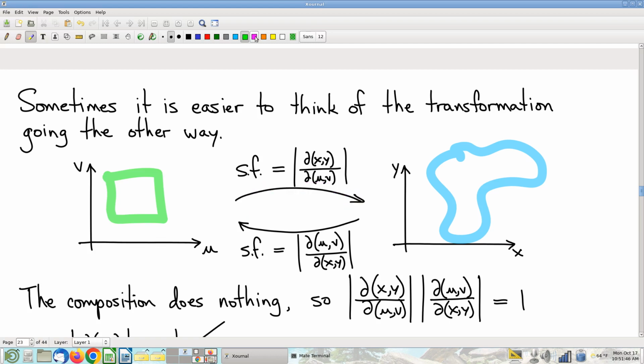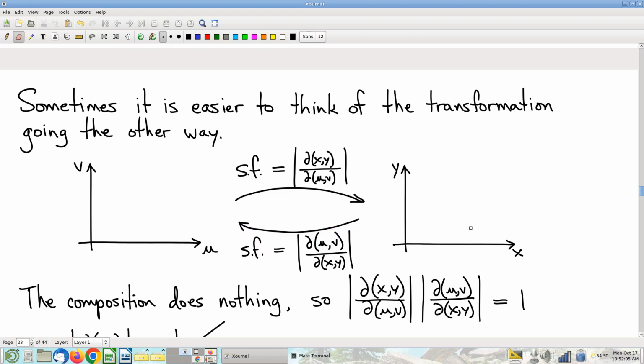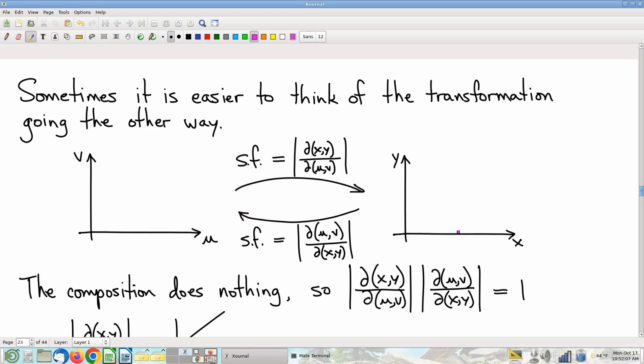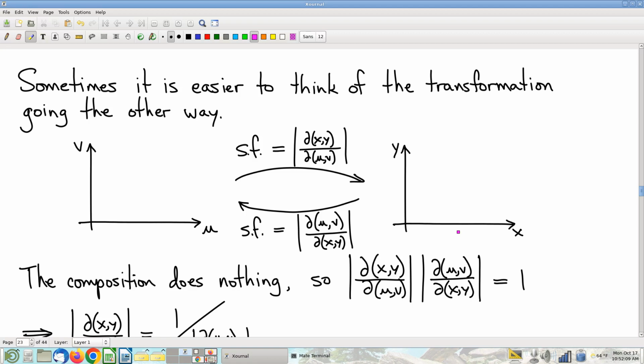Sometimes I need the function to go this way. It's just easier to write down the algebra of the function going this way, namely that my new domain is actually the image, not the pre-image. Sometimes your function's backwards, is the point. I'm going to show you an example of that in just a minute, but first I want to give us the tools to properly deal with it.